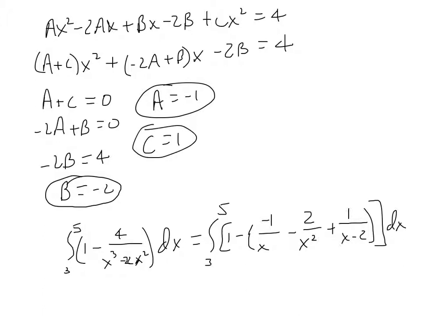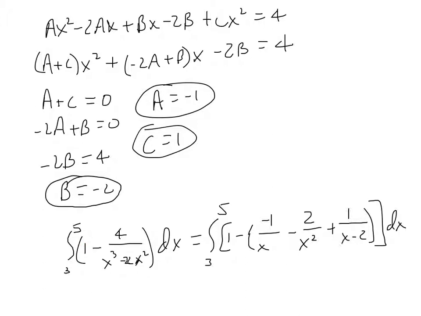So we take these coefficients that we found and put them in their respective numerators. We're now going to find this integral. Now instead of writing it the way we had before, with the original form of that function, we've written it in the form that we get after we've done the division.